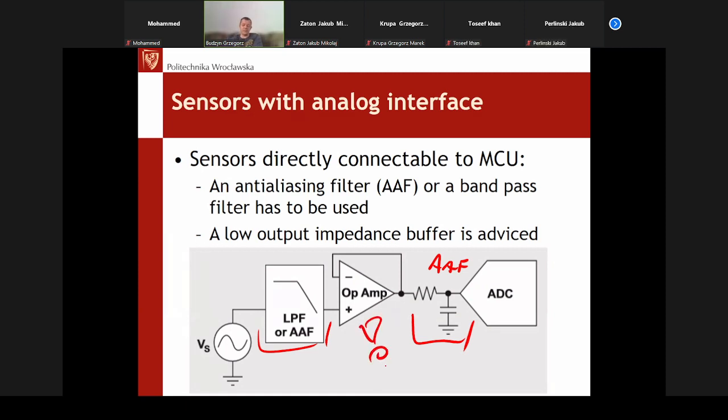What happens if we don't use the op-amp? Then the linearity of the measurement will be badly affected, and linearity influences, of course, the functioning and the quality of the reading. So the buffer is really required, plus at least one anti-alias filter to get rid of the unwanted noise.